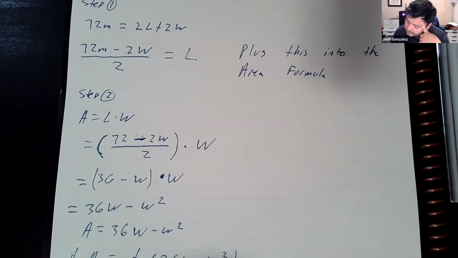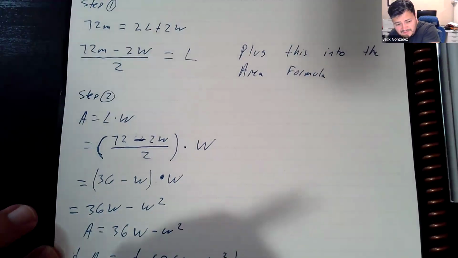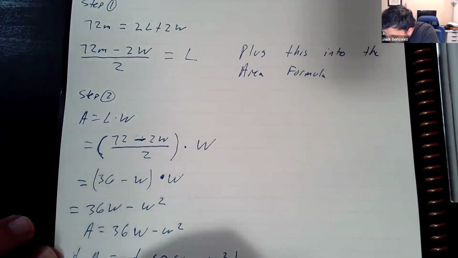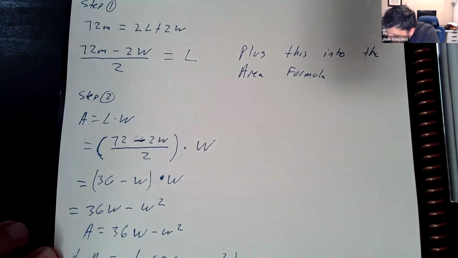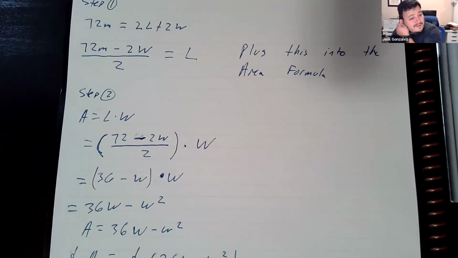I'm running out of space. So that implies that dA/dW is equal to 36 minus 2W. This is technically our third step here, but that's okay.